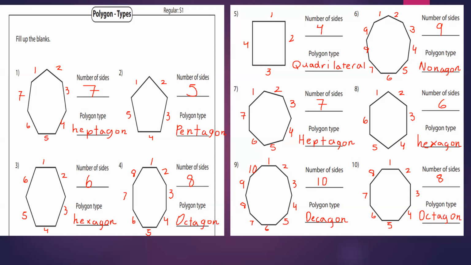So that's classifying polygons. That's pretty easy. Now for the intense one, which I don't really like because it typically gets students confused a lot. We're going to be classifying quadrilaterals. Now, that is not easy. It's easy if you know what you're doing, but it's a lot of things to remember.